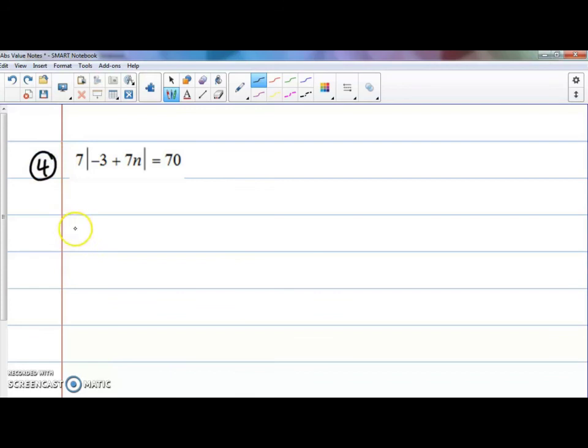We're given 7, and then the absolute value of negative 3 plus 7n equals 70. Because they're side by side, it's 7 times the absolute value of negative 3 plus 7n equals 70. Step 1 is to make sure the absolute value bars are alone. They're not alone; I have a 7 outside there.